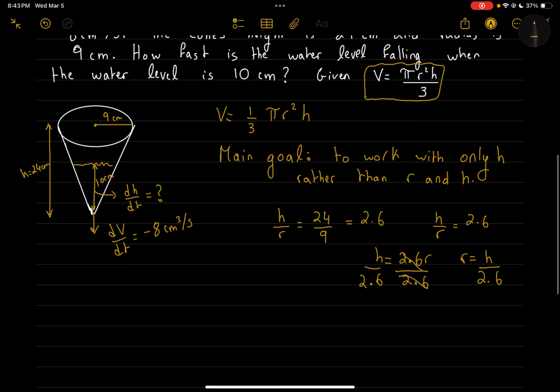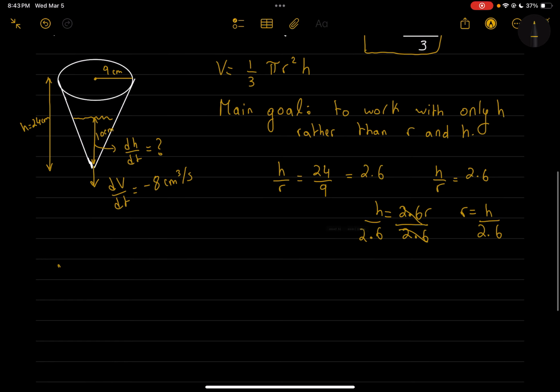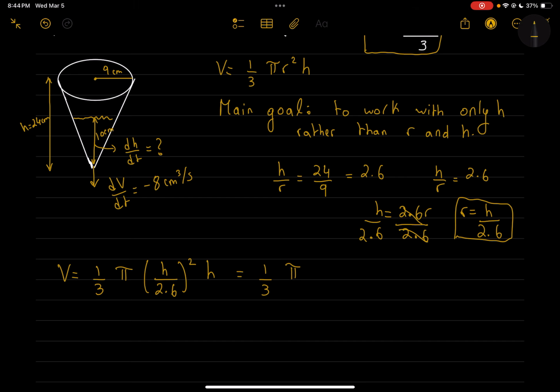So how is it going to look? Right now V will be equal to 1 over 3 pi r squared h. Now instead of r, I'm going to replace it with h over 2.6, squared, also multiplying it by h, which is going to give me 1 over 3 pi h to the power of 3 over 2.6 to the power of 2.